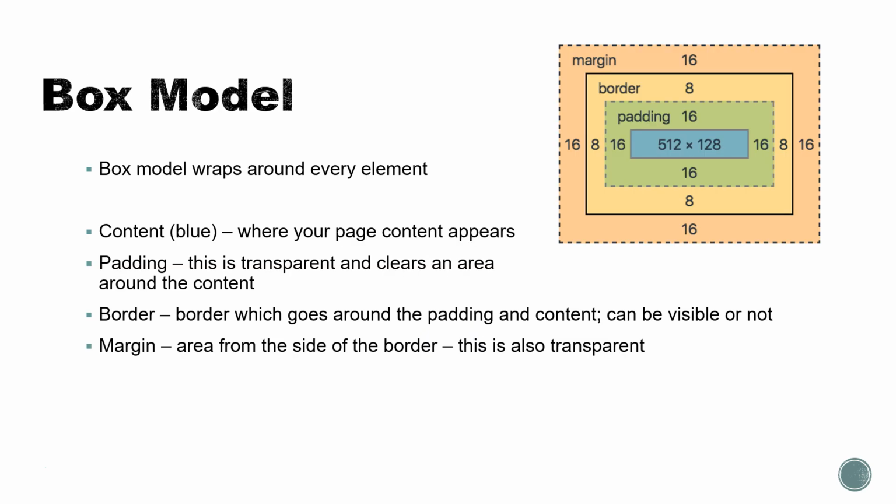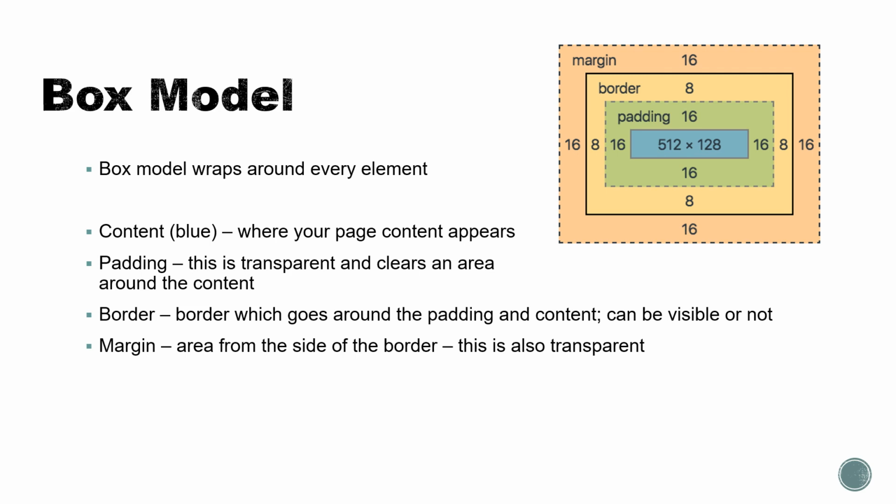The first one we're going to look at is the box model, and you'll find lots and lots of information out there about it. The idea is that the box model wraps around every element within your screen. You can see that you've got the content in there, and then how it's spaced out between that and other elements. This isn't just one area of content within your screen. It could be multiple different elements that have this applied, and the idea is that you don't have everything jumbled together next to each other.